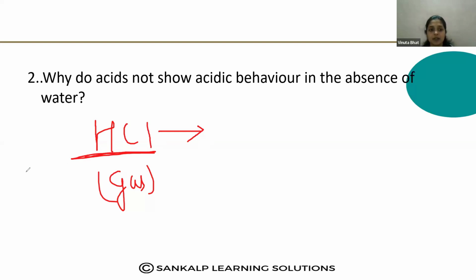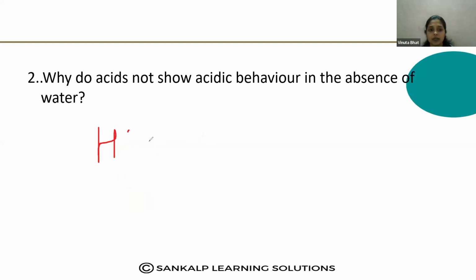But when hydrochloric acid is in the aqueous form, dissolved in water, it is able to change the color of the litmus paper. So why is it not showing the acidic behavior when it is present as a gas, but showing the acidic character now?